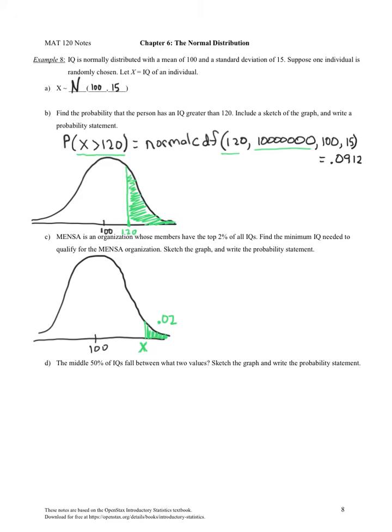If we need the top 2%, but our calculator will give us everything to the left, well, everything to the left is 98%, or 0.98.